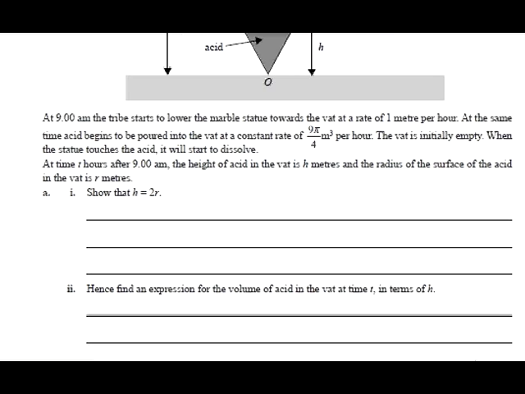Let's look at the question and then we can look more closely at what we have to do. This marble statue gets lowered slowly, and also the acid pours in at 9π/4 meters cubed per hour. The vat starts empty.